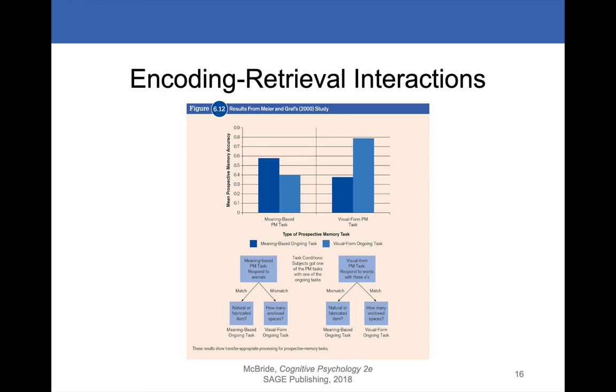So the results show that transfer appropriate processing does occur for these future memory tasks, these rules that you have to keep in mind to use in the future.